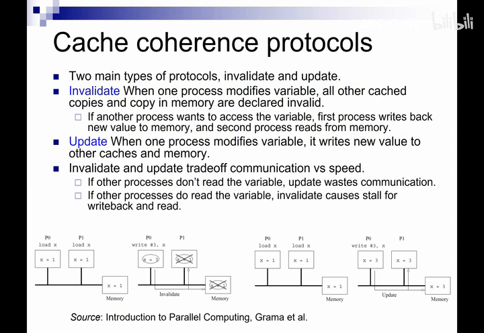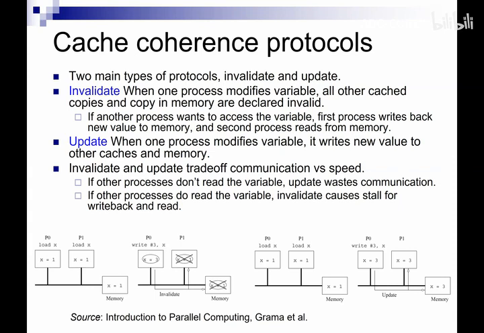On the other hand, if the other processes do read the variable, then if you use the invalidate protocol, in order for P1 to read the value of x, it actually has to wait for P0 to write the value to memory, and then P1 needs to read it from memory. So this takes additional time.